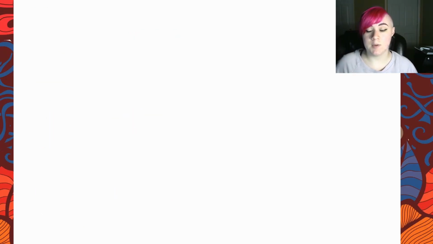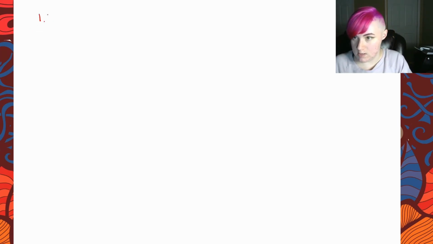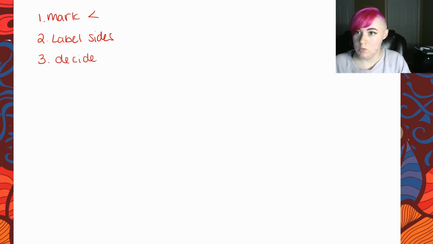So in these next types of problems, we're actually looking for either a side or an angle that's missing. So first step, again, is to mark the angle you're looking at. Always start by marking the angle you're looking at. After that, we're going to label the sides. Now that we have the sides labeled, we're going to decide which trig function fits.